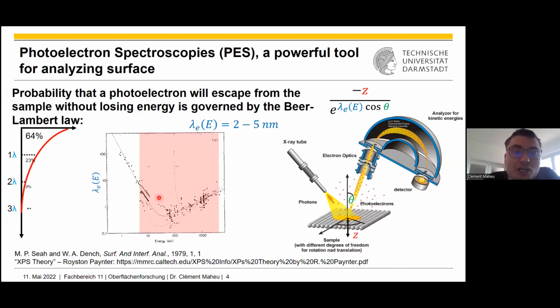In this range, the experimental inelastic mean free path is around 2.5 nanometers. Because of the Beer-Lambert law, most of your signal will come from this 2.5 nanometers of thickness, and you will go at best to something like 15 nanometers, which is roughly what you do with XPS, and which is even closer to the surface when you do UPS.